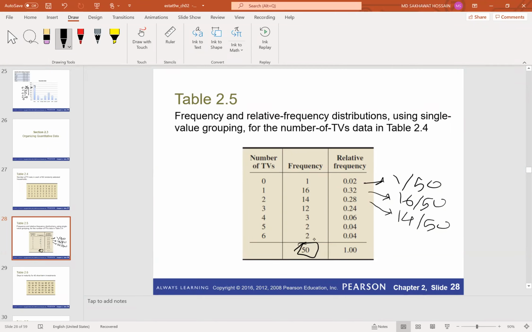If the total is not 1, that means you made some mistake, so you have to recheck and make a correction. The total relative frequency will always be 1. So this is the relative frequency distribution for quantitative data, and this is for discrete data because our variable is discrete.